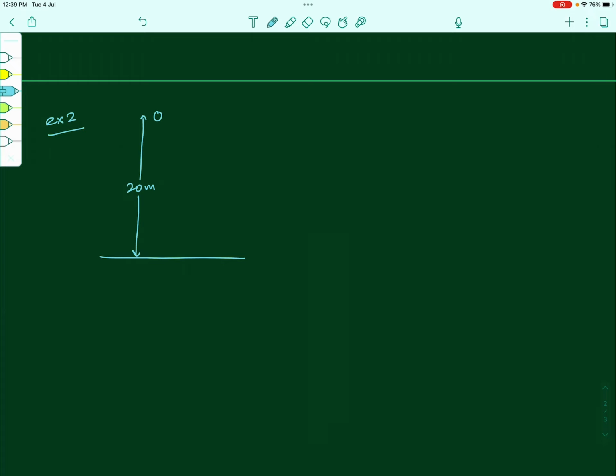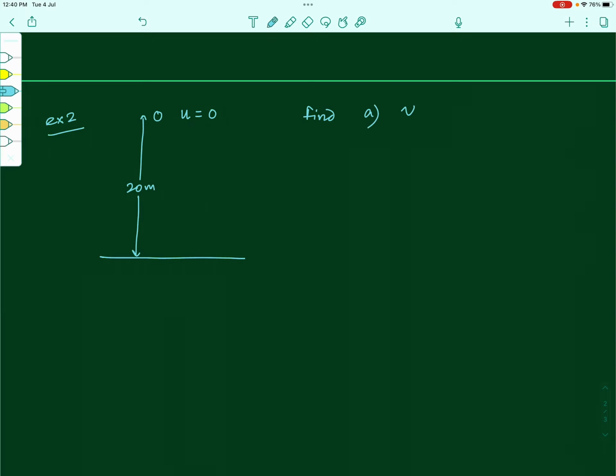So, understand that this means that the initial velocity of the ball would be 0. The ball will start from rest, right? Okay. So, for this particular situation now, we are supposed to find out the speed with which the ball hits the ground.